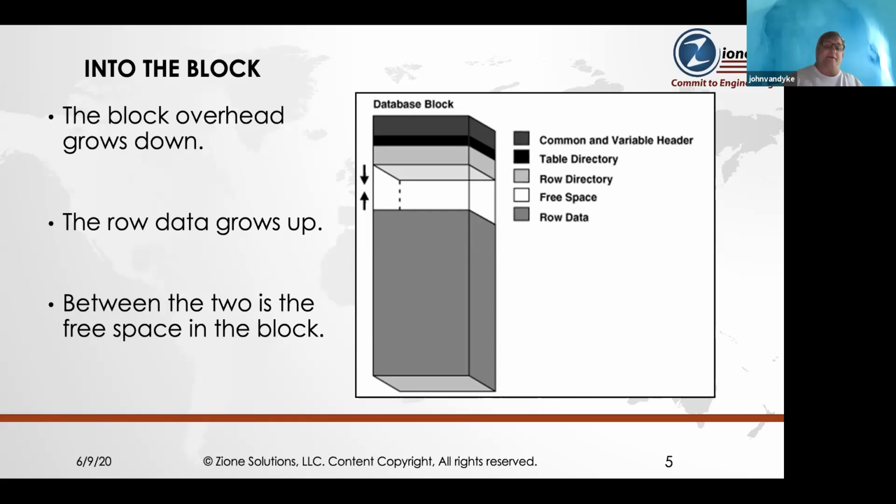So anyway, let's dive into the block a little bit here, and there's some different parts of the block. So we've got the block overhead there at the top, and there's a common header area. Then there's a table directory. Now this is kind of a remnant from earlier days. Generally speaking, there's only going to be data from one table in a data block.